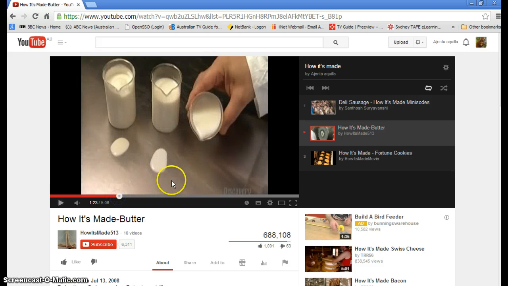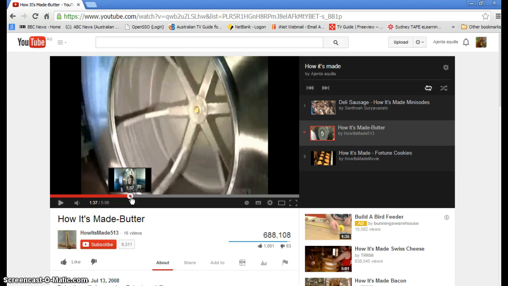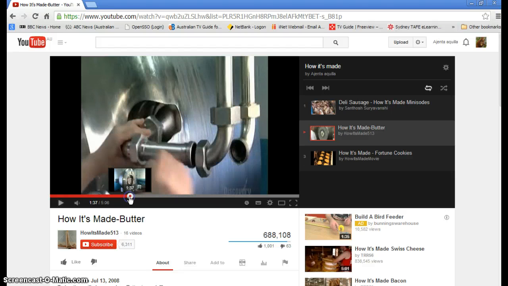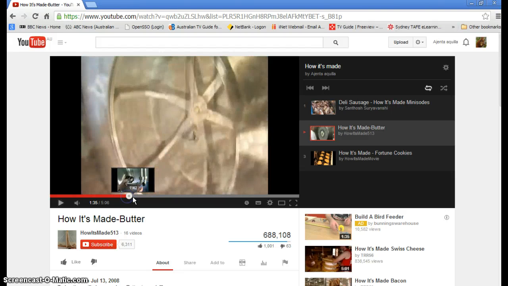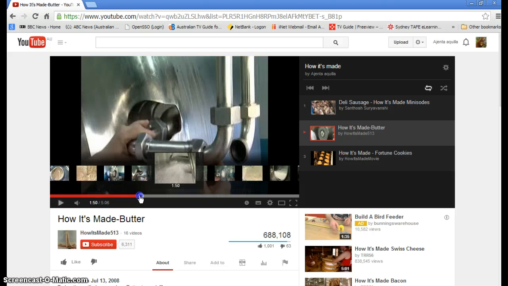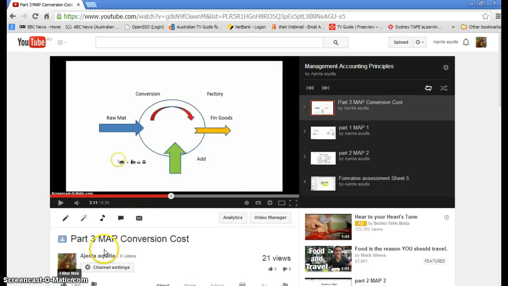Whereas the overheads and the indirect costs, such as the uniform that a worker wears, and other overheads which are indirect but cannot be measured accurately and valued, form part of the overheads. Those are the overheads that are there.